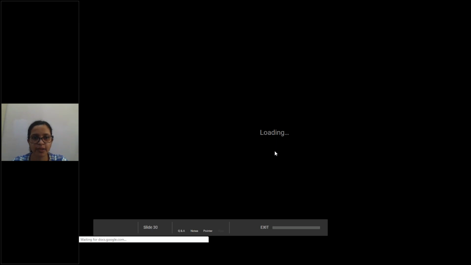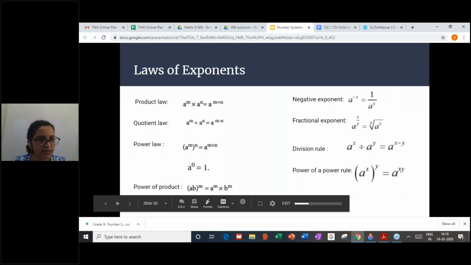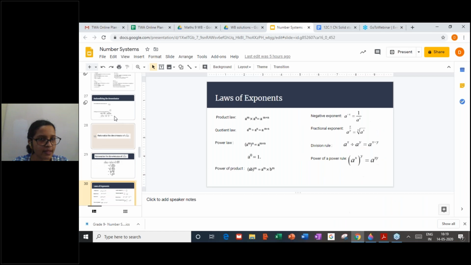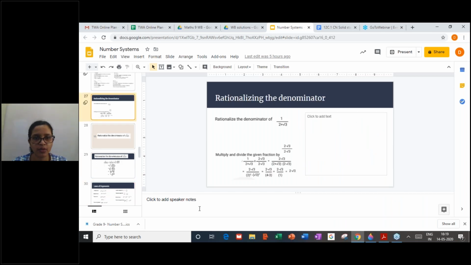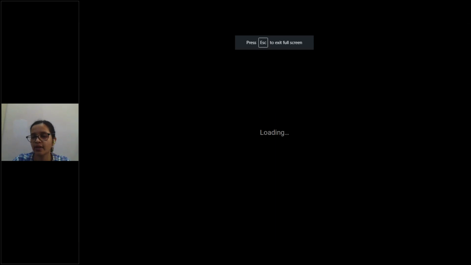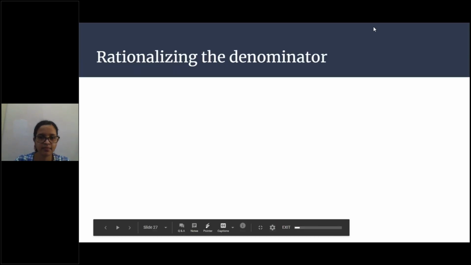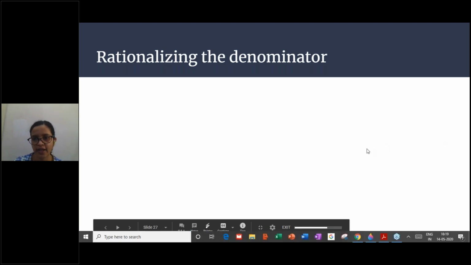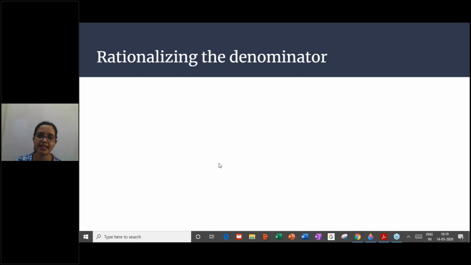Okay, before this I forgot, we need to cover rationalizing the denominator also. Okay, wait, first I'll cover that. So rationalizing the denominator: in cases when you are having fractions with irrational parts in the denominator, you need to rationalize it so that you can simplify it.